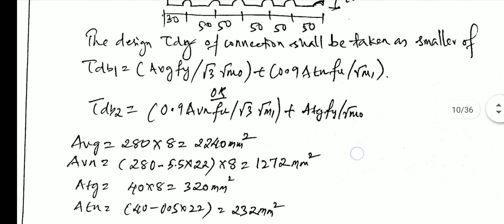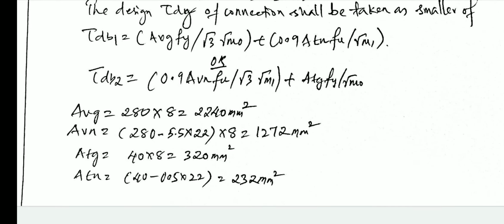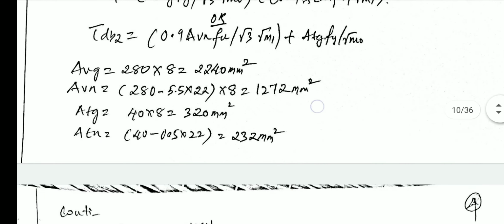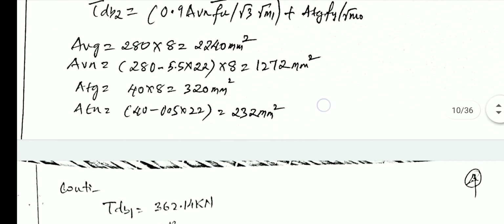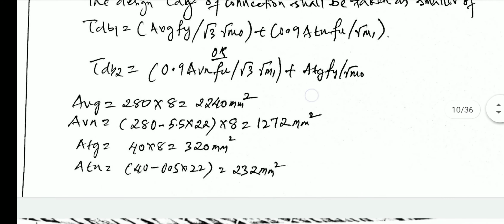Actually this is wrong. This should be 50 into 8, and the next one is 50 minus 0.5 into 22, because the pitch is given here as 50 mm. So this changes to 50 into 8. The pitch is given as 50. This is pitch and t, and this pitch is deducted with the holes.